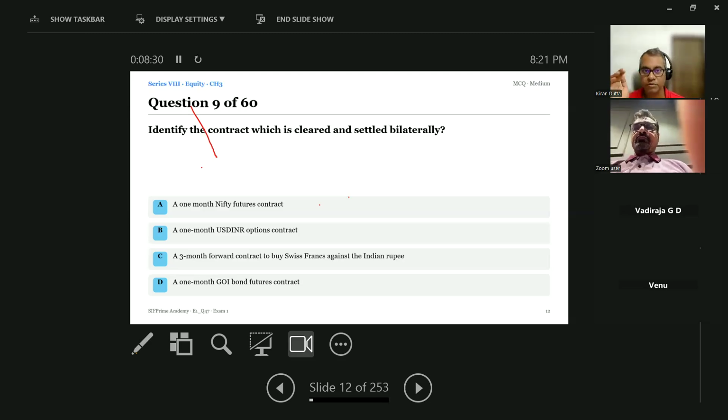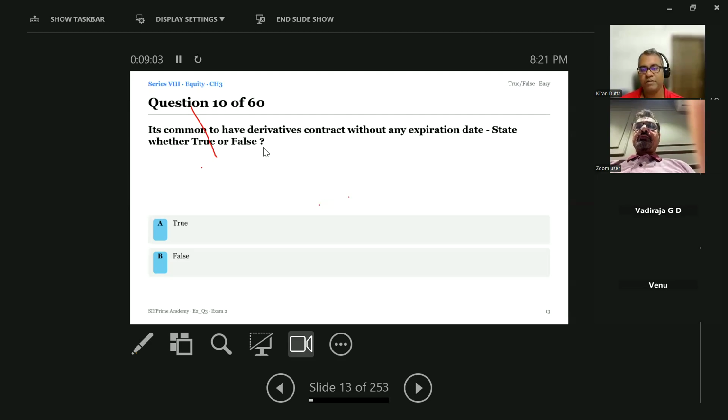Even if you don't know the answer, if you spend a little bit of time going through word by word, you will be able to answer it just by eliminating. Forward contracts are always settled bilaterally. We discussed the ITC example, the gold shop example, multiple examples there. You should not get confused. Okay. Next one.